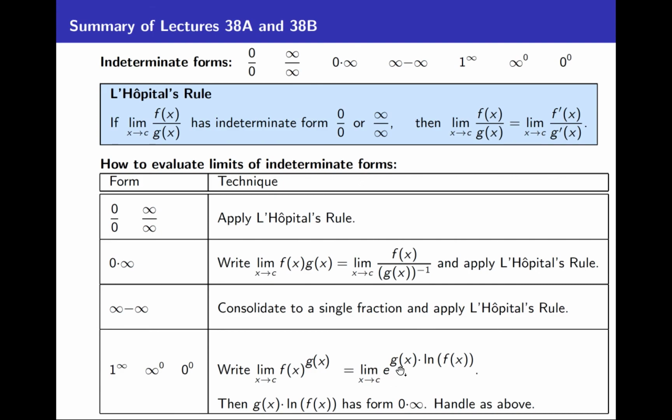Once you've written it in this new form, you'll discover that the exponent, g of x times ln of f of x, has the form 0 times infinity, or maybe infinity times 0. Either way, you can handle that as stated above for the form 0 times infinity.